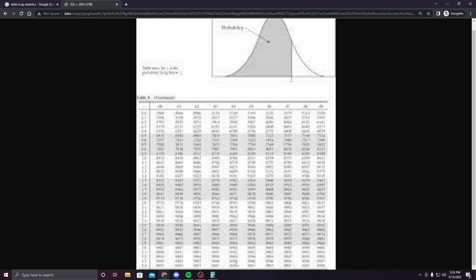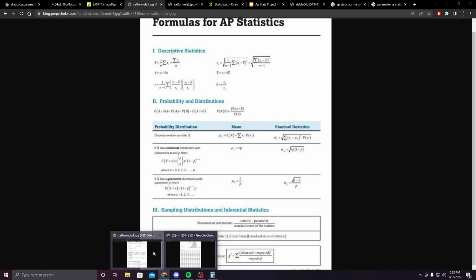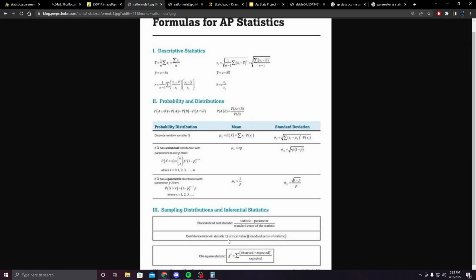For the most used one, which is the 95% confidence interval, it is 1.96. You use the statistic plus or minus the critical value times the standard error of the statistic. That's how you get your confidence interval.